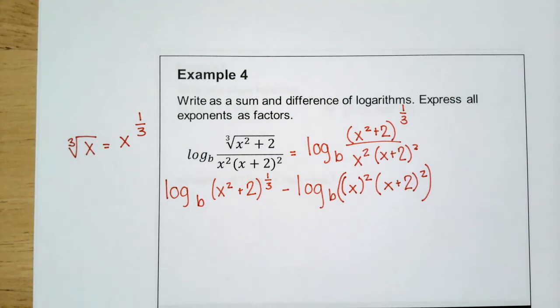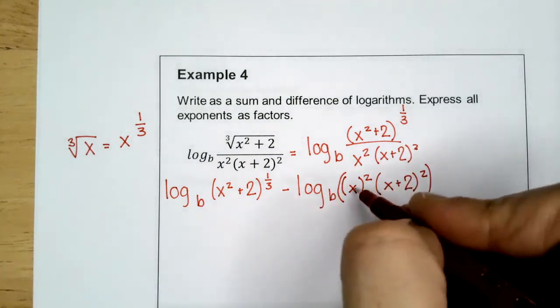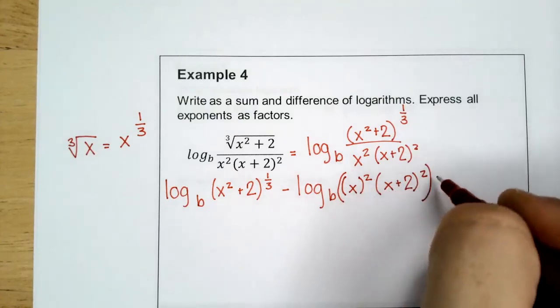Good. Okay. And I see here I'm multiplying x squared times x plus 2 squared.